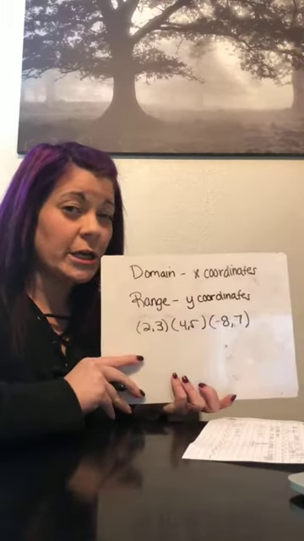So a function is where every input only has one output. For every input, it only produces one output. That means the x values, the x-coordinates, cannot repeat.